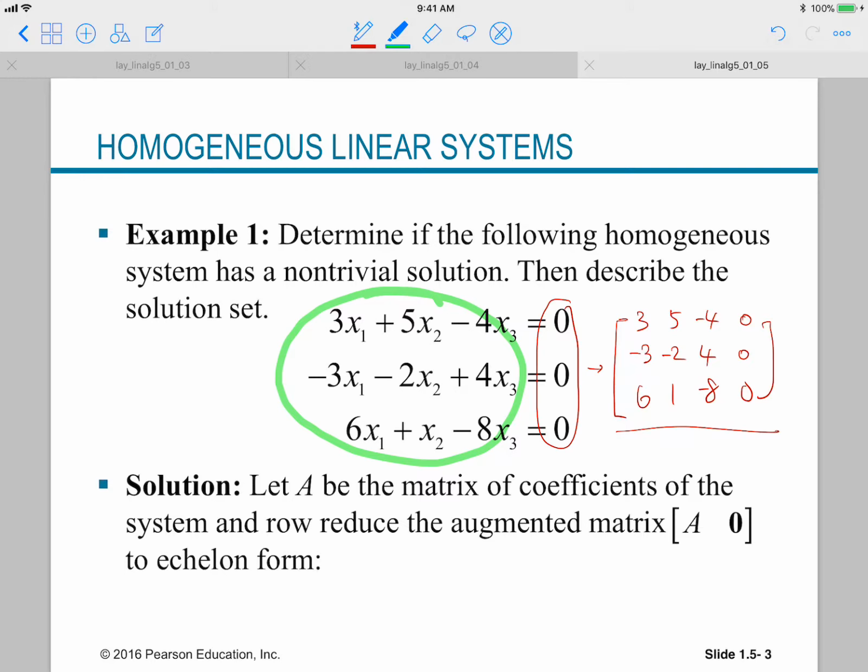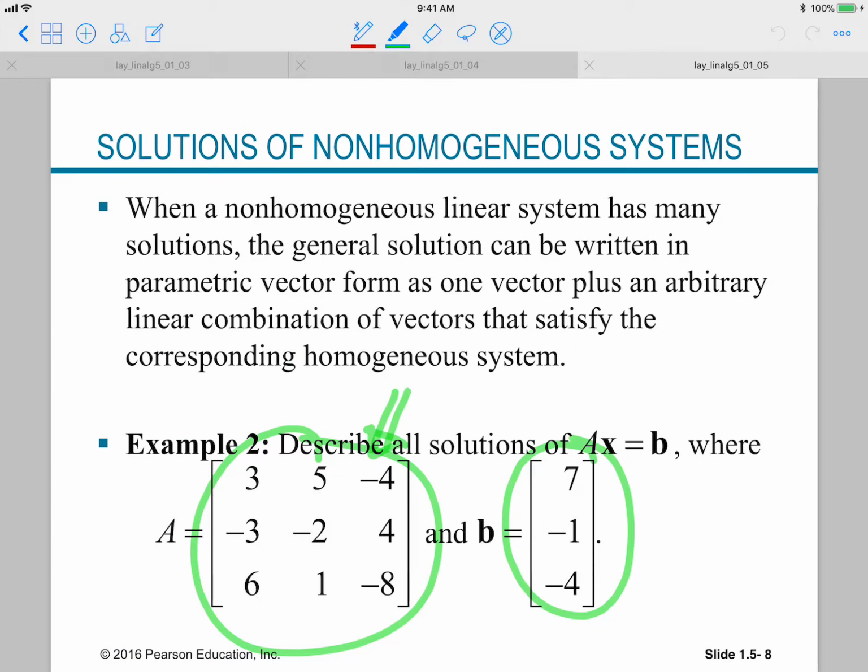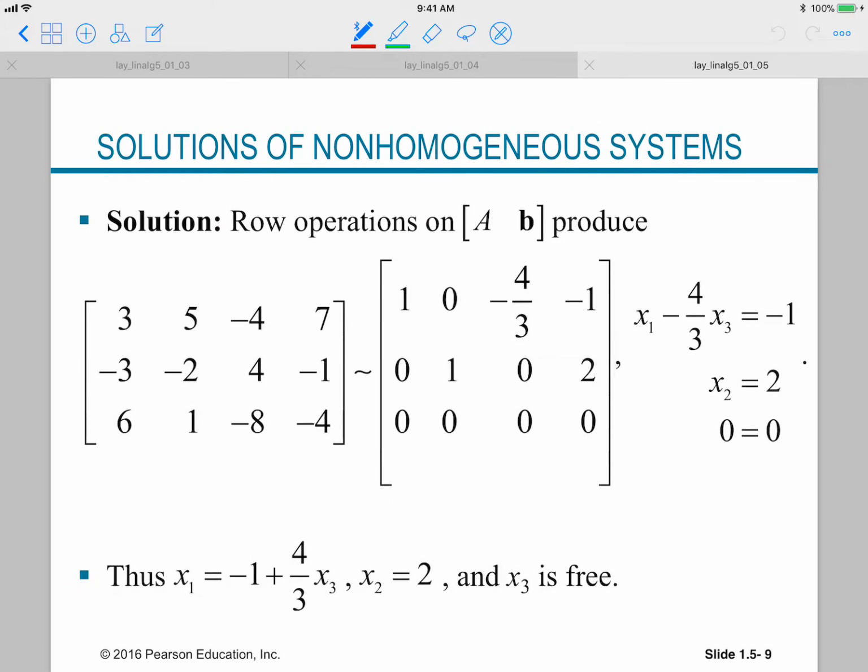So the new example here is the same as the previous example, except for the B part, right? And then let's imagine the row reduction on this augmented matrix. So we will have this augmented matrix, and then we will have this echelon form of a matrix, or reduced echelon form of a matrix.